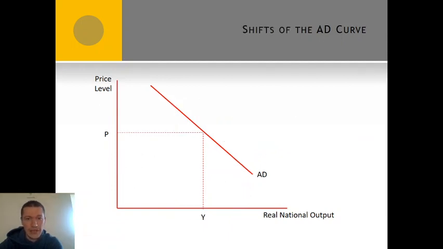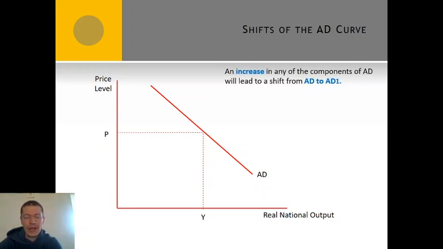But we can also shift this, okay? Let's have a look. An increase in any of the AD components. So like I just said, if consumption goes up, if investment goes up, if government spending goes up, etc., etc., we push the AD curve out to the right, and the labeling AD to AD1. Now, if you take a look, the price level hasn't changed at all. We've got an initial equilibrium point, where it hits the AD curve, is your price level 1.